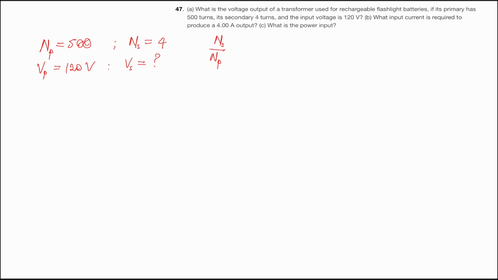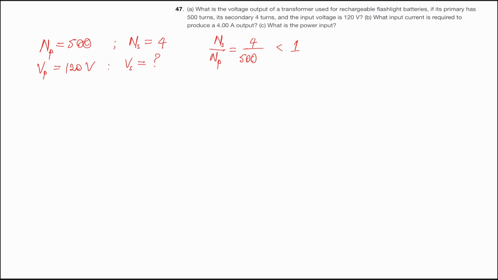So anyway, the point is, before even attempting the problem, we can already expect that the output voltage must be less than the input because of the characteristics of this transformer. Its turns ratio takes this form. And clearly this value is much less than 1. It's positive, but less than 1. So we expect that this transformer is going to be a step down transformer.